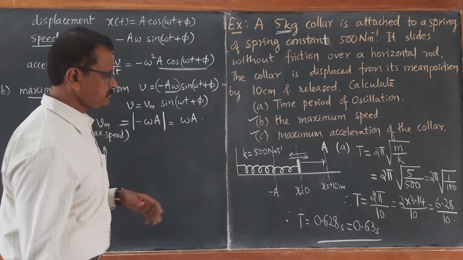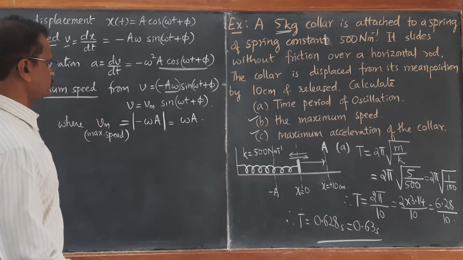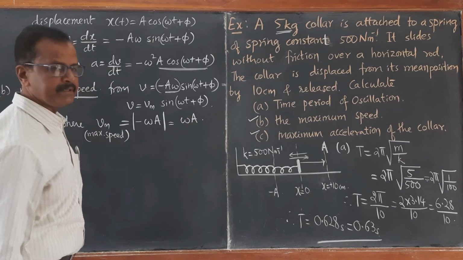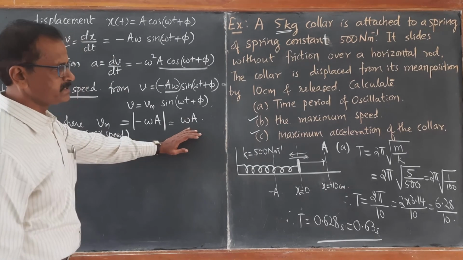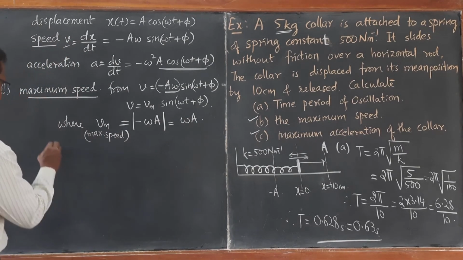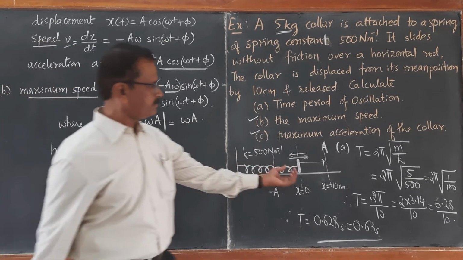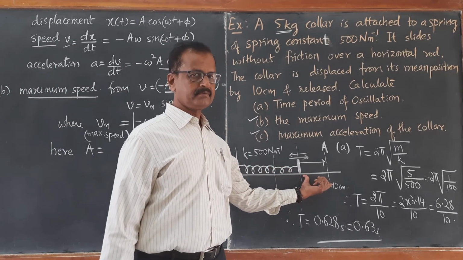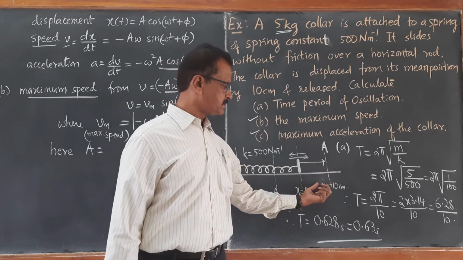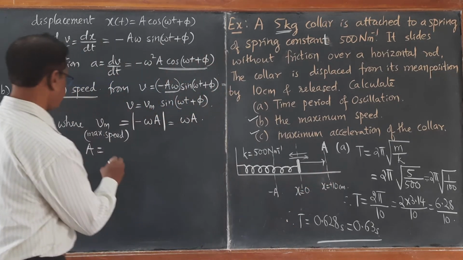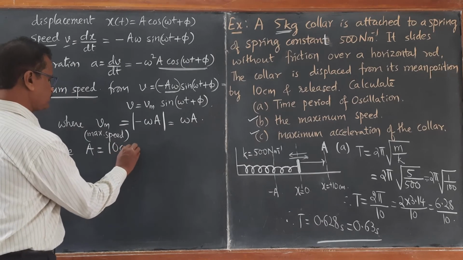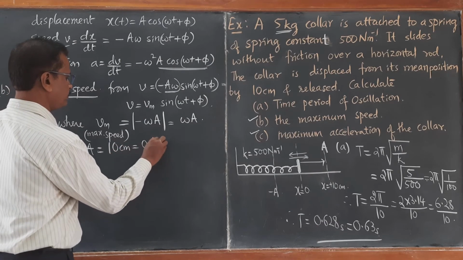So the modulus of minus omega A is the positive value omega A. Now we can substitute the value of omega and the value of amplitude. Amplitude is 10 centimeter. Here amplitude is the maximum displacement. When it is pulled, it is 10 centimeter. Maximum displacement is 10 centimeter, that is equal to 0.1 meter.